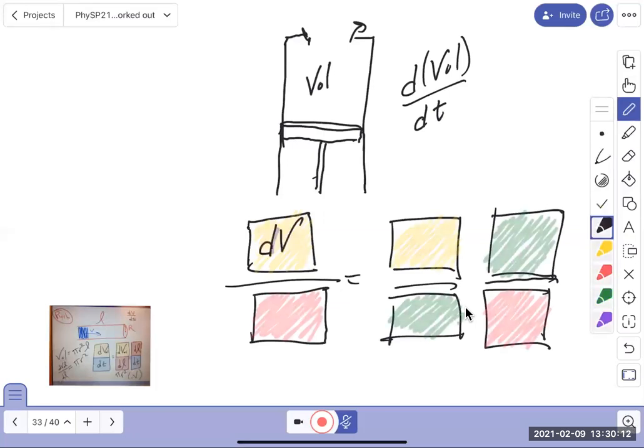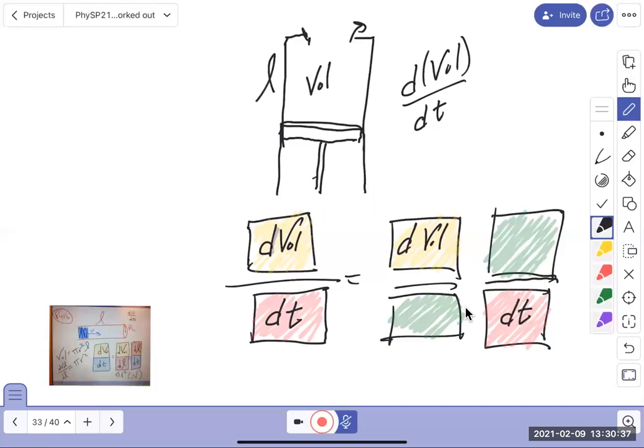I'll just say VOL so you don't think it's velocity. What's the change in volume with respect to time? How fast is that volume dropping? Okay, so I'll put d volume here and dt here. Now the question is, what do I bring in to make this work? Well, we have some length here. There's a length of that tube.